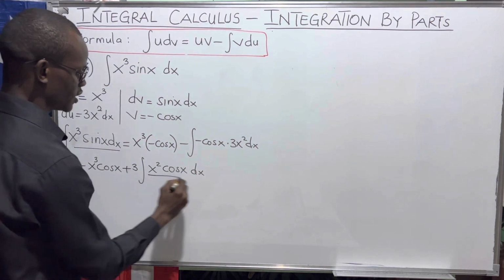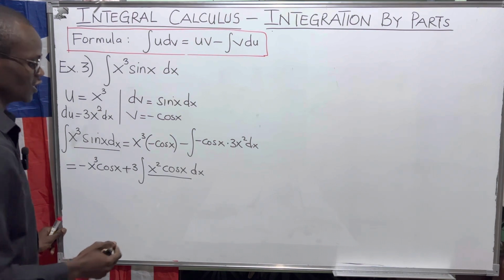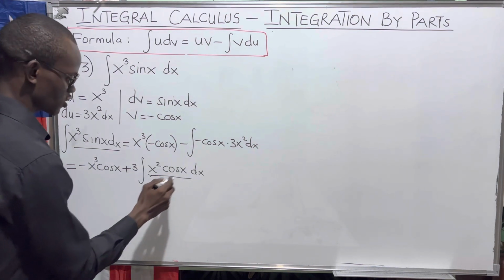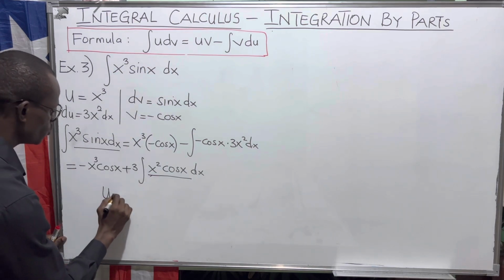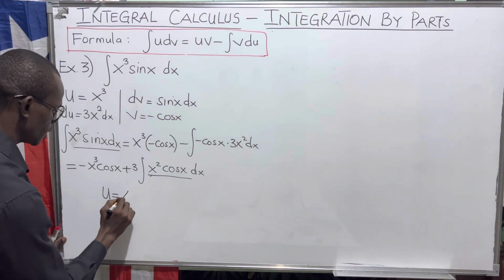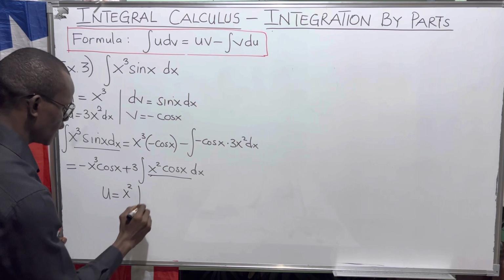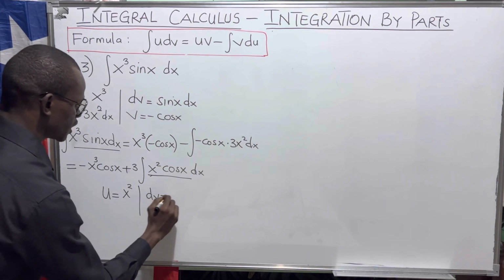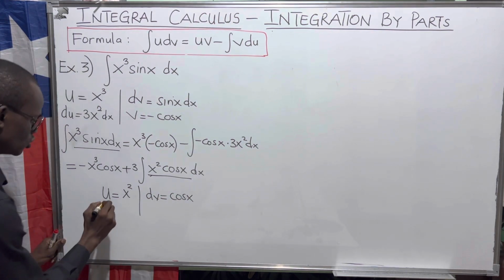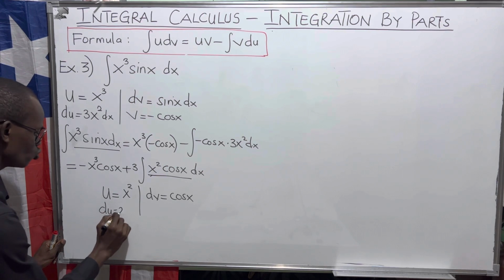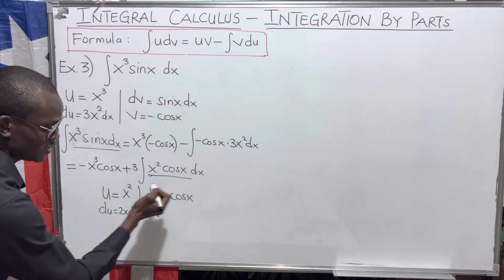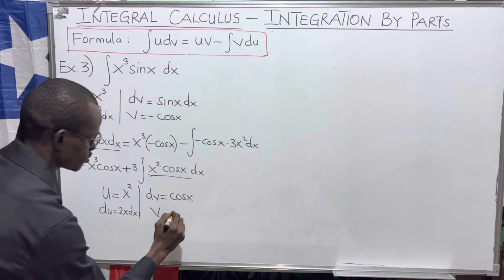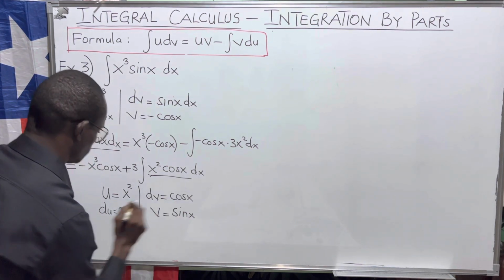dx. So again, we have an integral involving an algebraic function and a trig function. We apply the substitution again, so we say u equals the algebraic function and dv equals the trigonometric function. So du now is 2x dx, and v, if we integrate, is equal to sine of x.